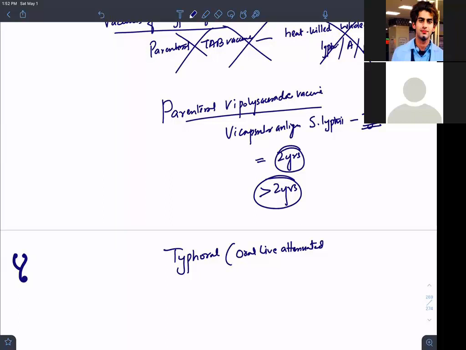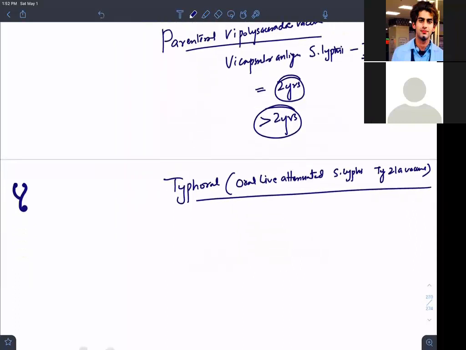So it is called oral live attenuated S. typhi Ty21a vaccine. This is the strain we are using. First, you should remember one thing.